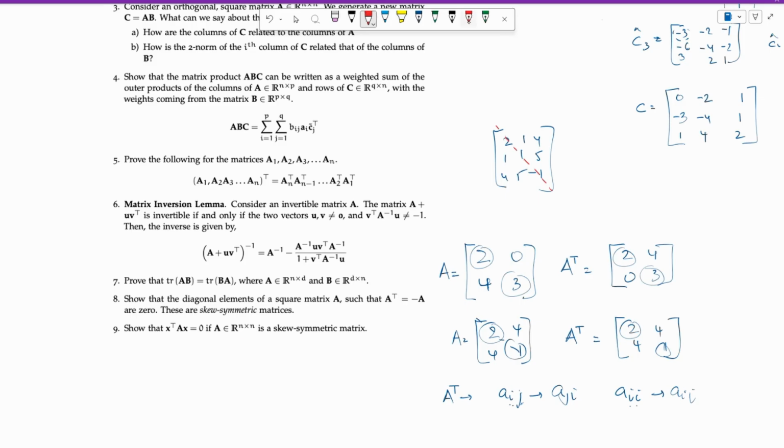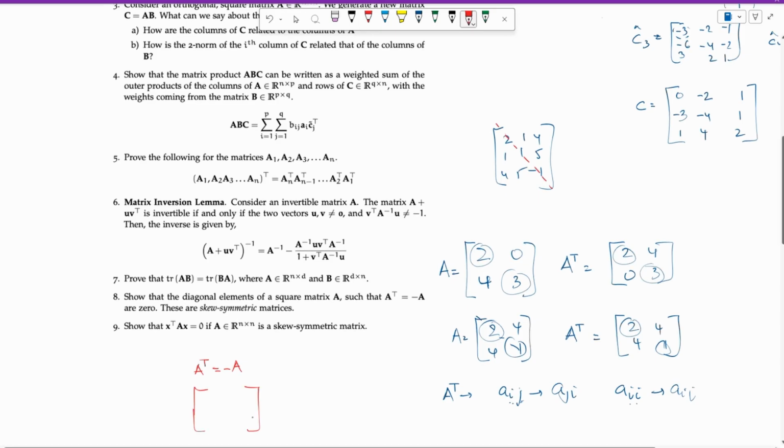But if you have a skew symmetric matrix, where A transpose is minus A, is this a skew symmetric matrix?